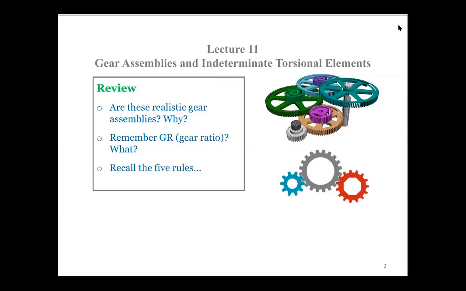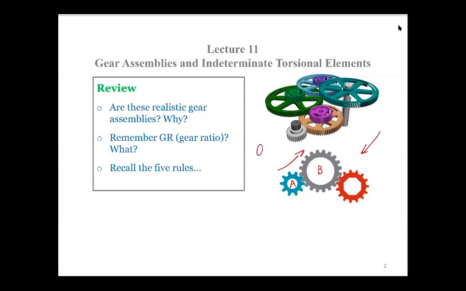As shown in this figure below, we have 3 gears connected to each other. If we call the smallest one gear A and this one gear B, consider that we have a power transmission from A to B.